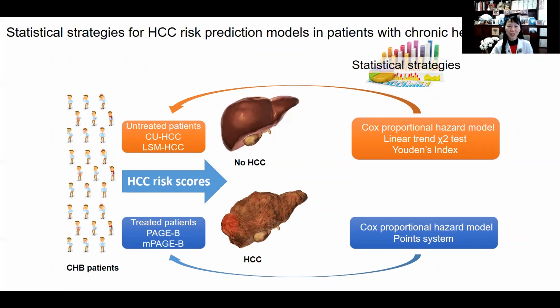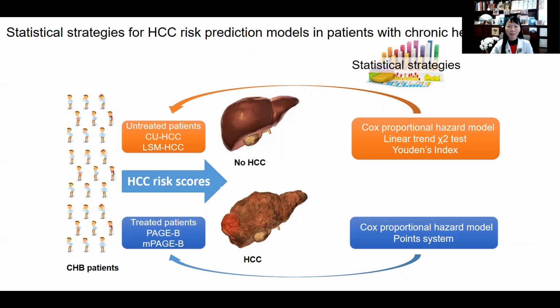I'm very pleased to share with you our newly published review article entitled Statistical Strategies for HCC Prediction Models in Patients with Chronic Hepatitis B. HCC prediction models or risk scores have been a very hot topic in the last decade. There have been a handful of various HCC risk scores derived, validated, and published.